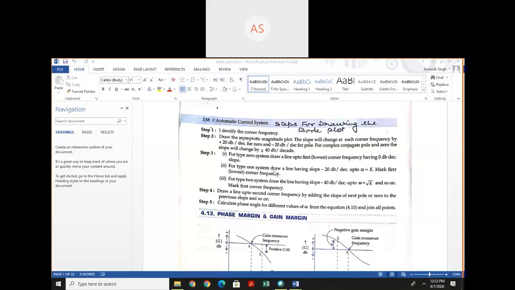For type 1, which means there is one pole at origin, draw a line of slope minus 20 dB per decade up to the value of omega equal to K. Mark the first corner frequency. And for a type 2 system, draw a line having slope minus 40 dB per decade up to omega equal to under root K, and so on.